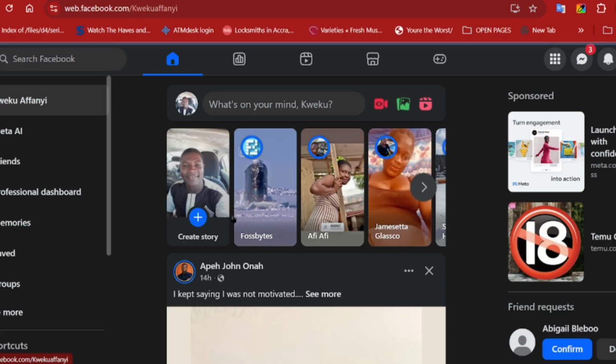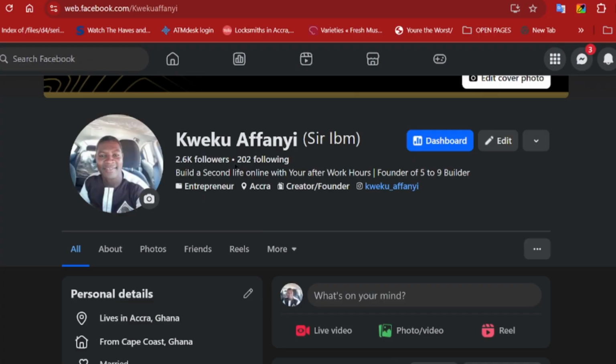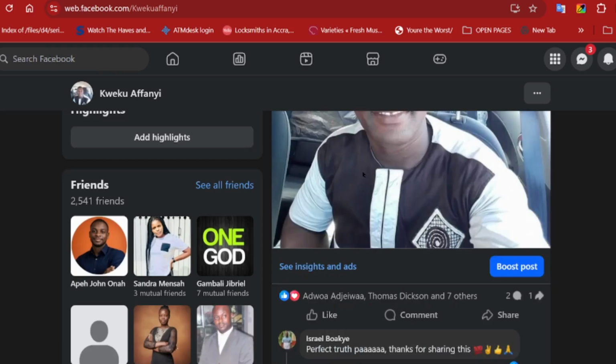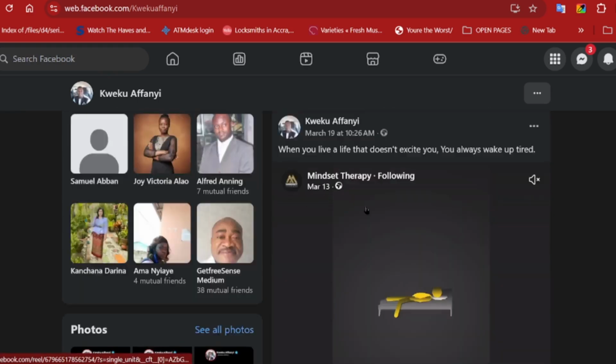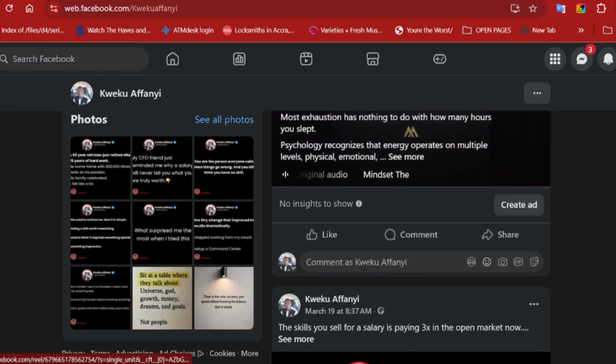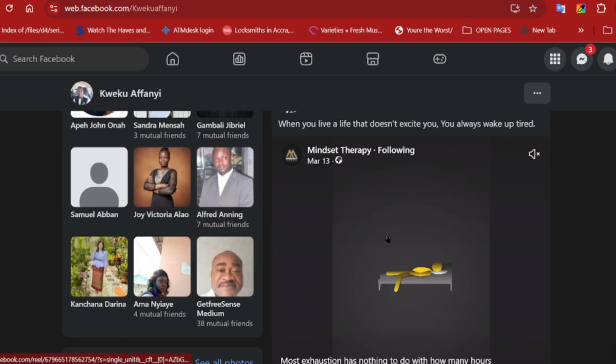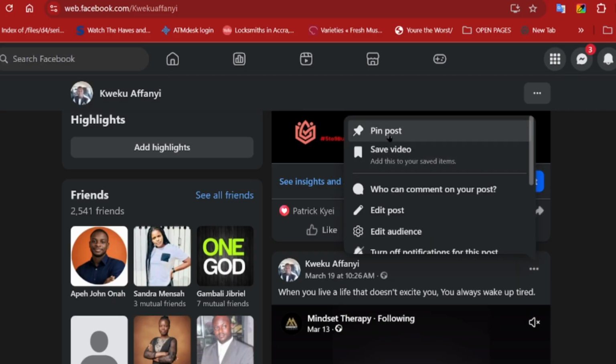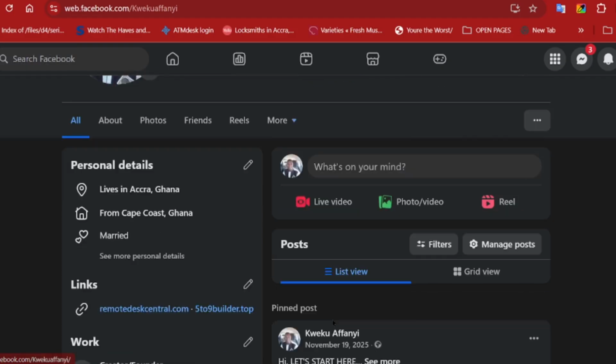You click on this, then it will take you to your profile page. Then on the profile page, just scroll down. If you go down, you will see any of the posts that you want to pin. All you have to do is come to the three dots over here. Okay, you click on this, and then you say pin post. Okay, so if you click on this pin post, it will go and be at the top here.